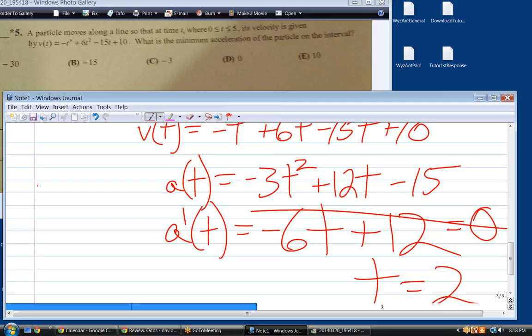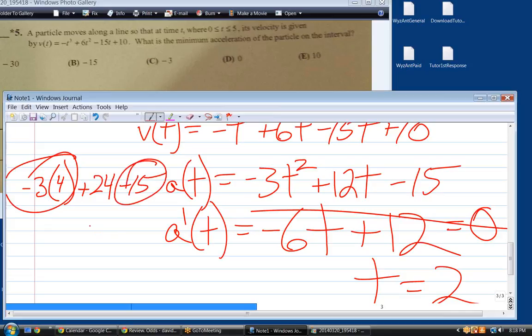It's minus 3 times 4 plus 24 minus 15. That's not our minimum acceleration. That's our maximum acceleration.